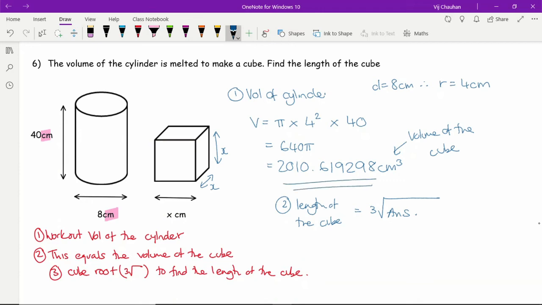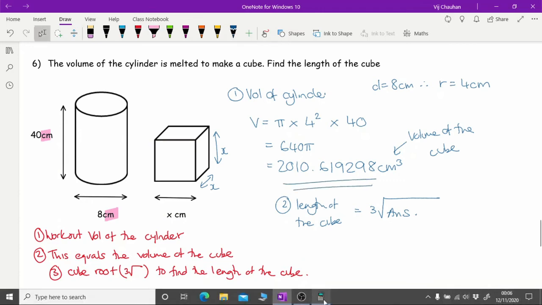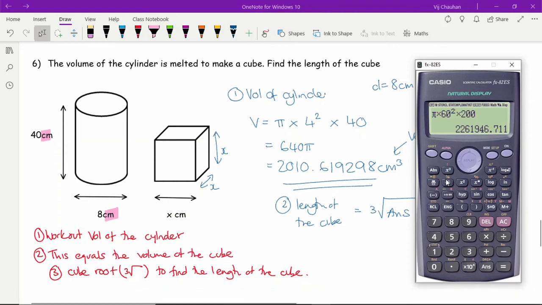Now again, to access the cube root on your calculator, what you need to do is look out for where it's got the little 3 and the square root. So what I need to do on this calculator is clear that first by pressing that button, then press shift and then press the cube root button, and then I'm going to enter 2010.619298.